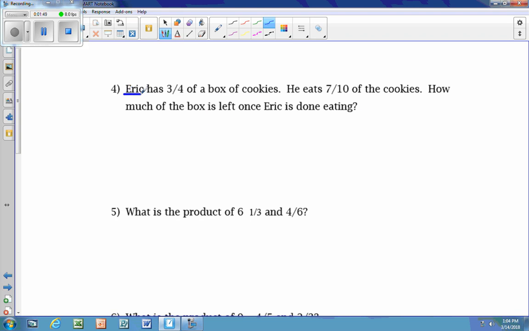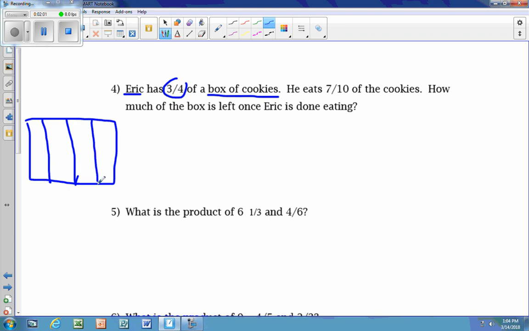Next, Eric has 3/4 of a box of cookies. So he has this, and this, and this. He eats 7/10 of the cookies. So now we're going in the opposite direction.